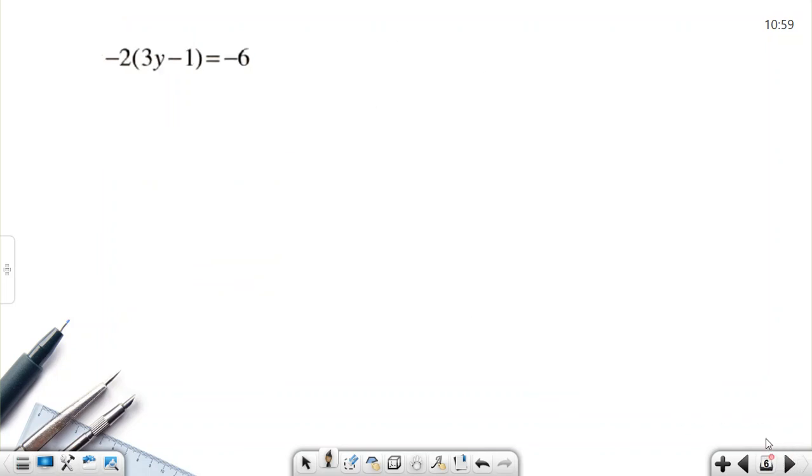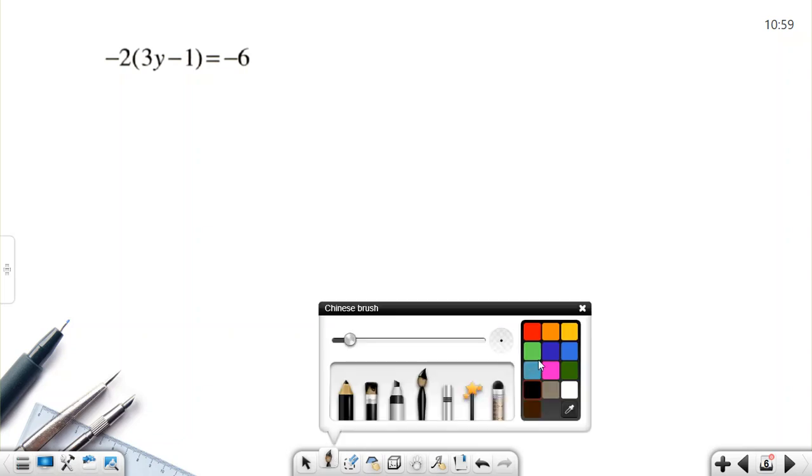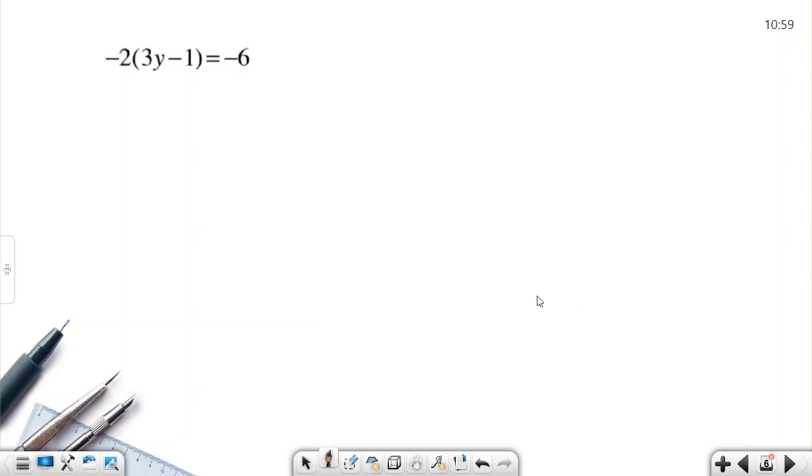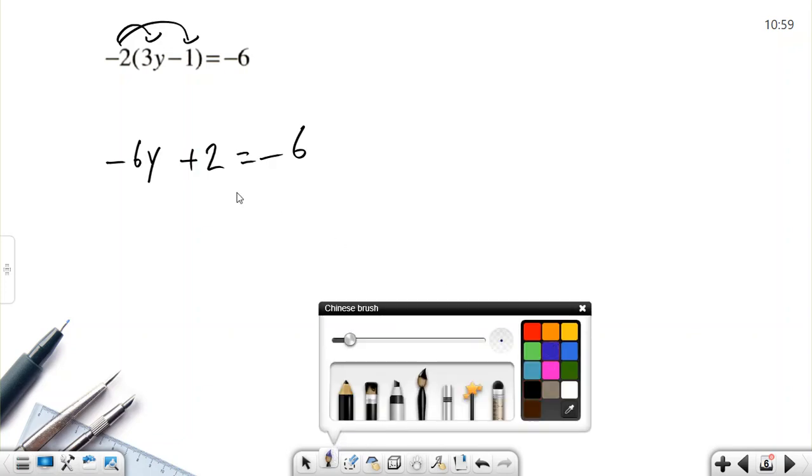Let's continue with another example. In this example, again, we can use two methods, no problem. You can use both methods, but I will use the first way. Negative 2 multiplied by 3y is negative 6y. Negative 2 times minus 1 is plus 2, equal to minus 6. Let's continue here.